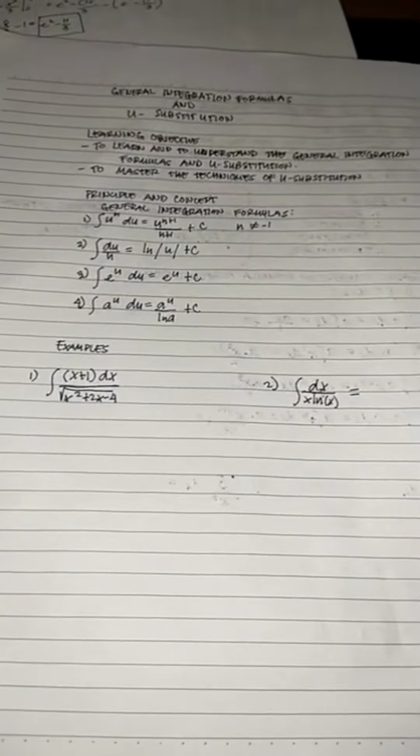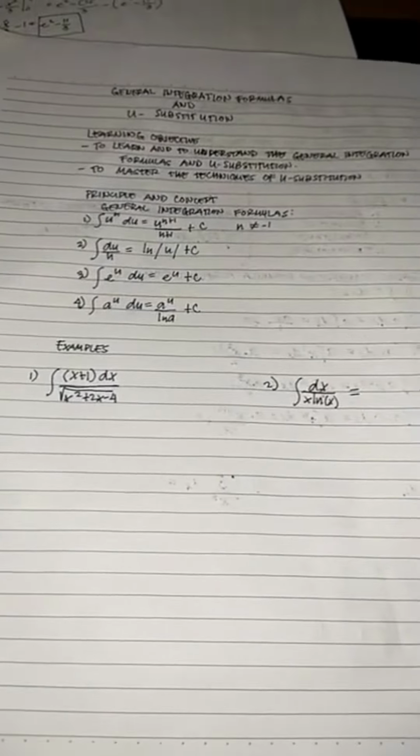I have 2 examples in this lesson. So, example number 1, the integral of x plus 1 dx all over square root of x squared plus 2x minus 4.